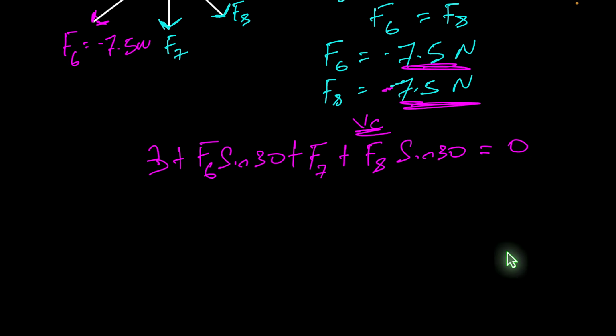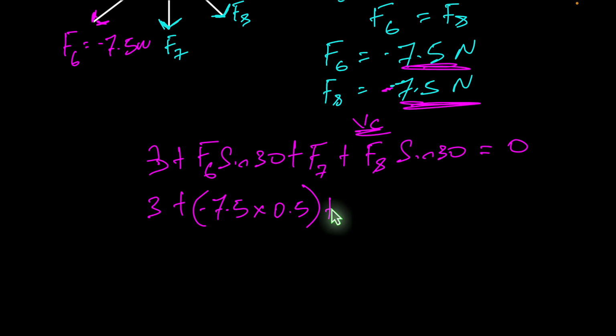So let's substitute all our known values then. So 3 plus, we know F6 to be negative 7.5, so negative 7.5 for F6, multiplied by sin 30, which is 0.5, plus our unknown here, which is F7, plus we know what F8 is. F8 once again is negative 7.5, times sin 30, which is 0.5, and all of that equals 0.